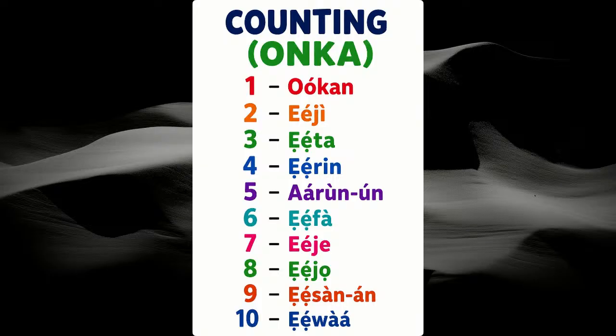This is how we count in Yoruba. So you can even sing it and say 1 ọ̀kan, 2 èjì, 3 ẹ̀ta, 4 ẹ̀rin, 5 àrún, 6 ẹ̀fà, 7 èje, 8 ẹ̀jọ, 9 ẹ̀sán, 10 ẹ̀wá.